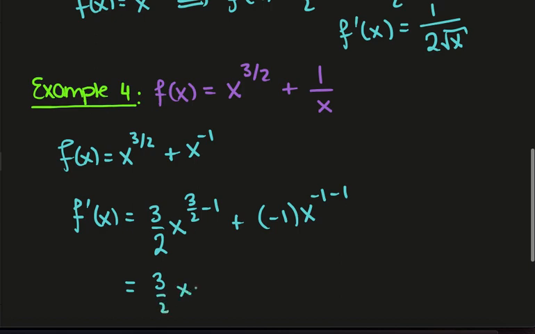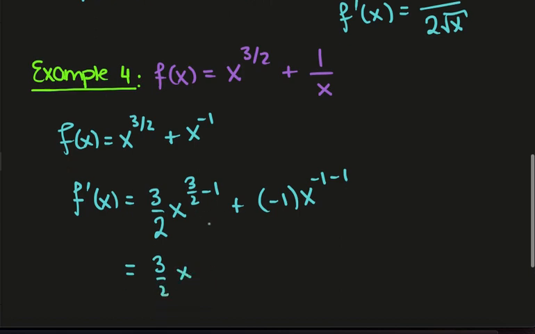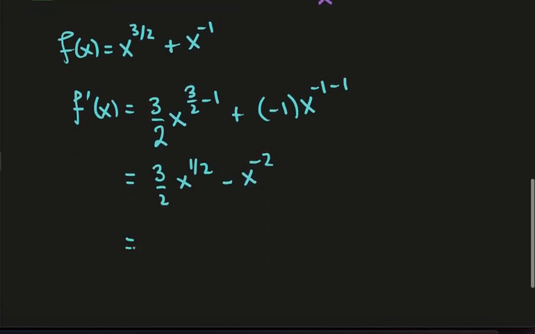So I'll end up with 3 on 2 x to the 1/2 minus x to the minus 2. And by index laws, I can write this as 3 square root of x divided by 2 minus 1 over x squared.